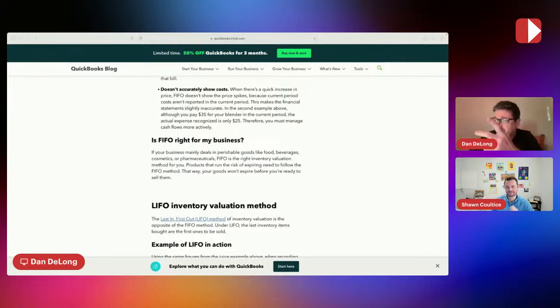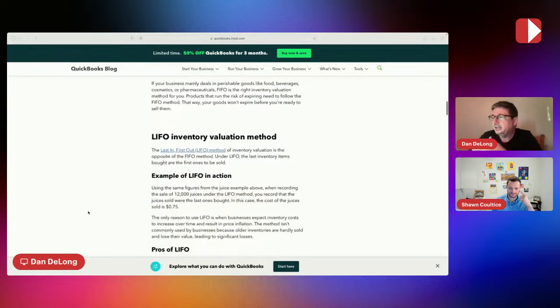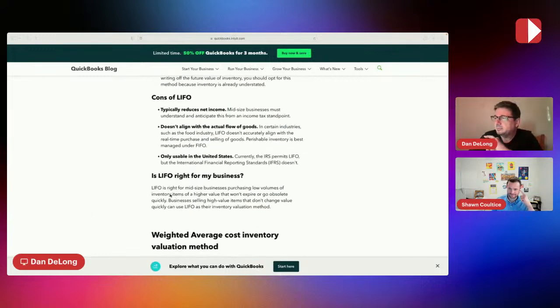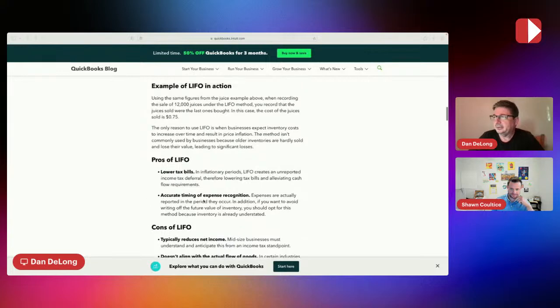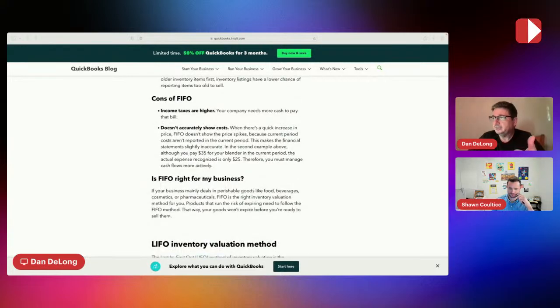But LIFO is the opposite of FIFO. It's last in, first out, and this is typically right for a business where they're purchasing low volumes of inventory but at a higher value. But all of these things are going to have an impact on the profit and loss. Whereas what they're saying about FIFO, it doesn't accurately show the cost because there is some lag, especially if your costs are increasing, because typically that's what's happening in the world these days, is that costs are going up.